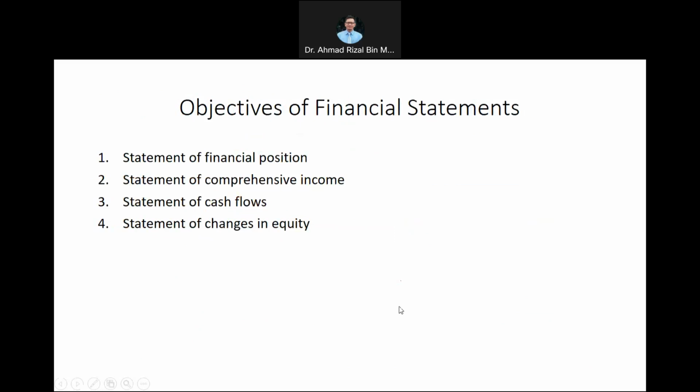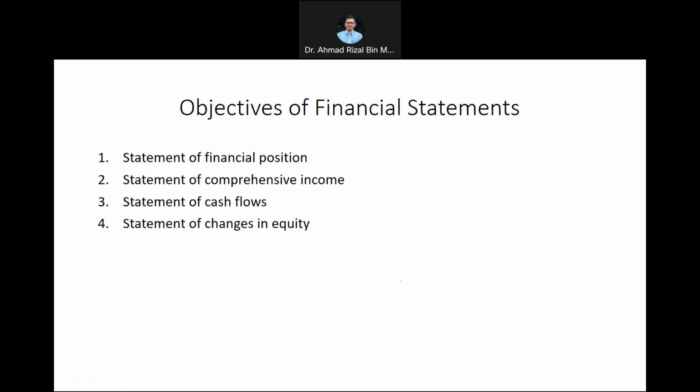Now, the objectives of each of these financial statements serve slightly different, but at times redundant, objectives or functions. The statement of financial position or balance sheet mainly looks at the value of assets, liabilities, and equity in the company.